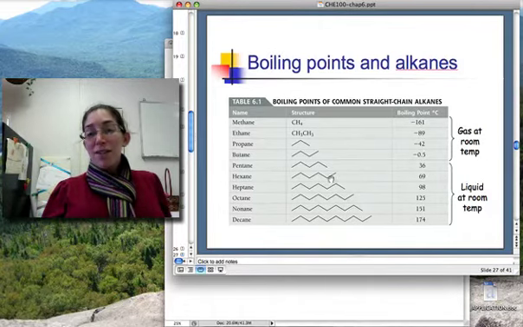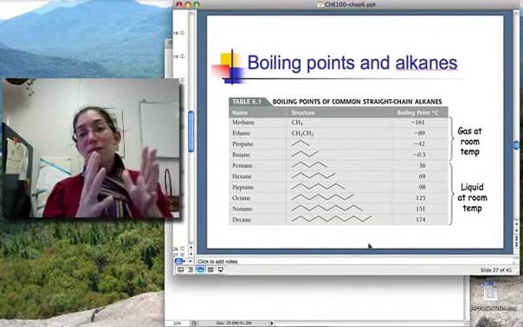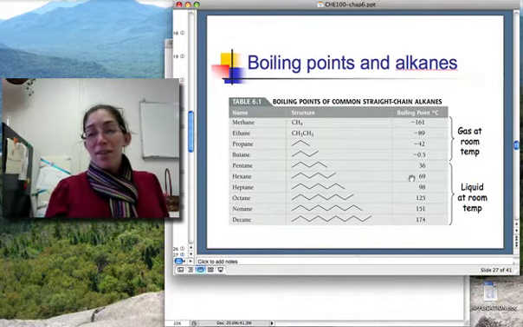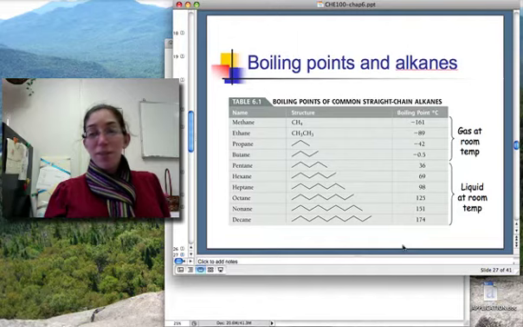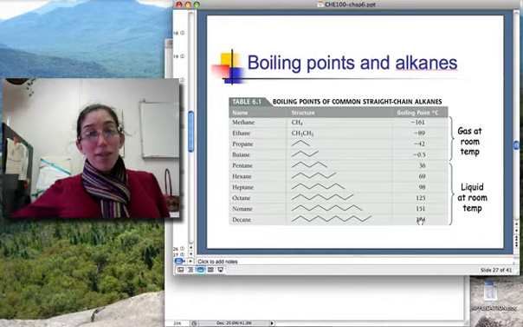So as the carbon chains get longer, though, as the molecules get larger, their London forces get stronger because they're bigger, and they have higher and higher boiling points. So all of these, pentane through decane, are all liquids at room temperature, because at room temperature, 25 degrees, that is below their boiling point. So they exist as liquids.